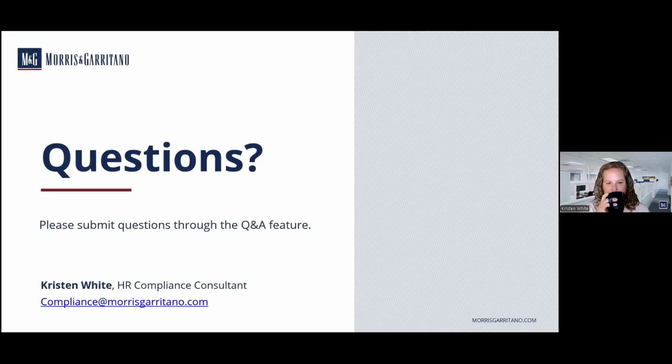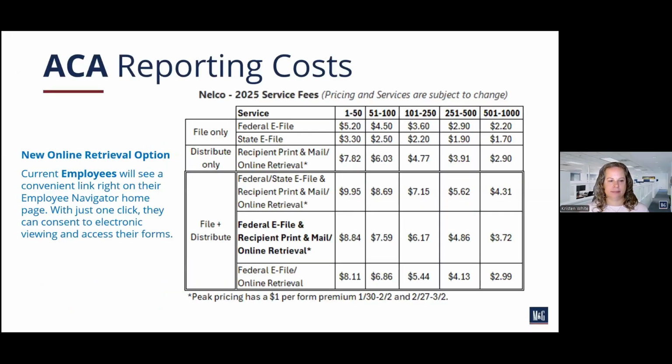Hey, yeah, we have a couple of questions today. First, on slide number 3 on ACA reporting costs, we had a question on the last option. It only says federal filing. Does this not include state? Yes, correct. You would only need to do state if you have a self-funded or level-funded plan, which I think we only have a couple of using Navigator.